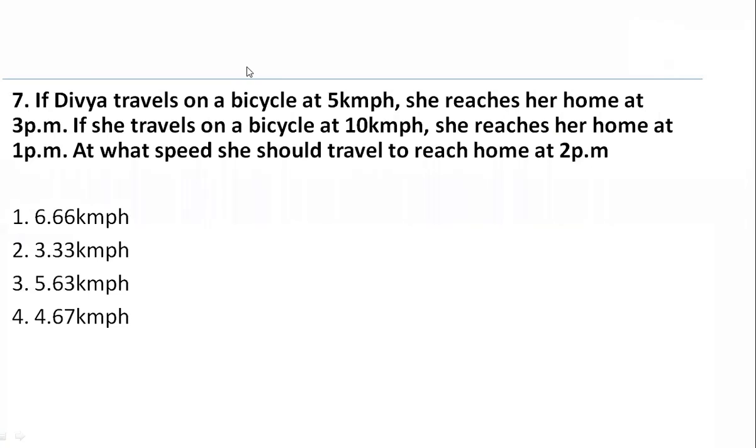Period of time means it's taking 2 hours, 5 hours, 3 hours, 4 hours, like that. Point of time. So that point of time, we have to convert into period of time to answer the question. It is just to confuse you. They have given it like this.